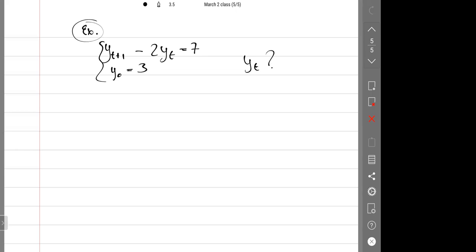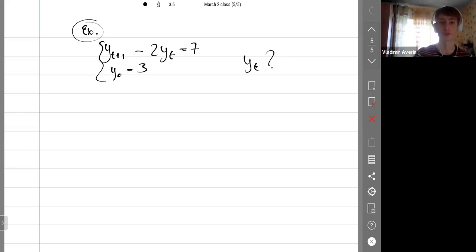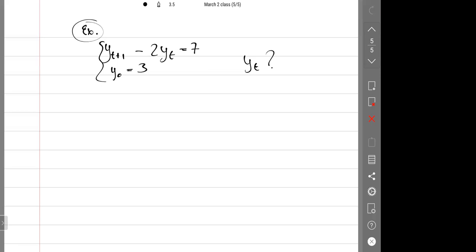I think 10 minutes is enough for that problem. How can we solve it? First solve the homogeneous one, then find the particular integral and combine. Yeah, that's a standard solution.